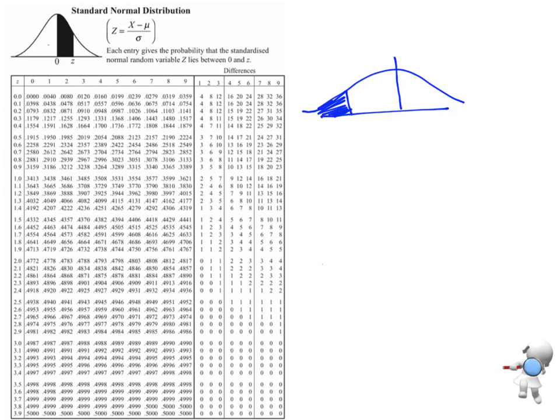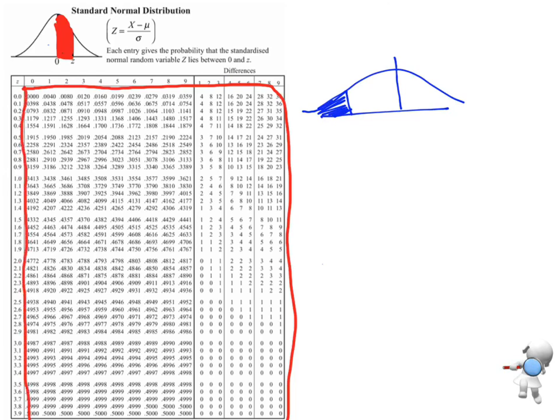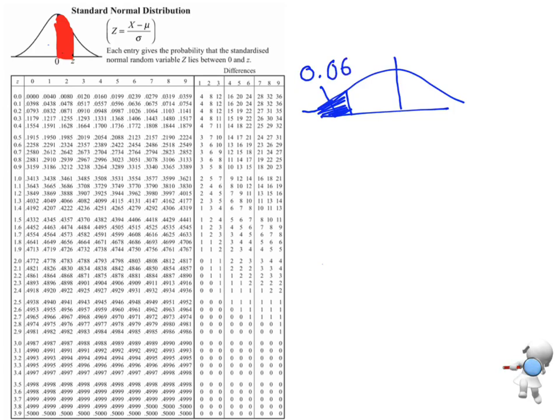If I compare that to this one here, you can see it's coloured in between 0 and some value Z. The probabilities are these numbers in here, and the values on the outside are our Z values. So we know that this area is 0.06.